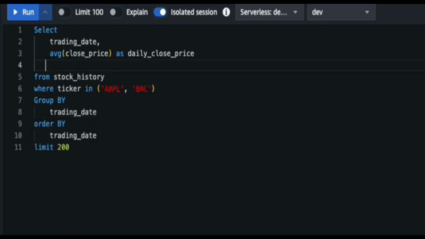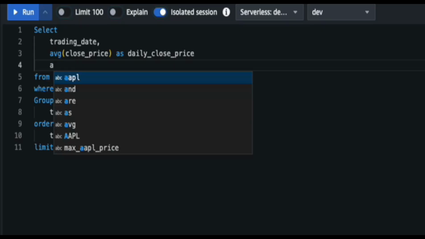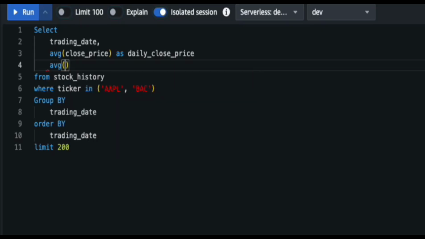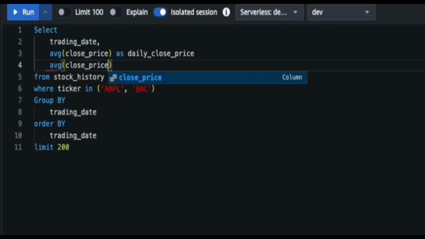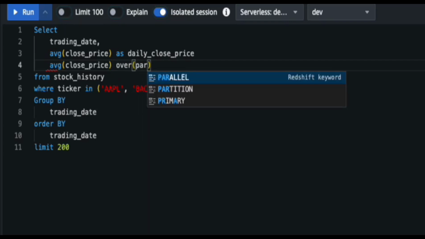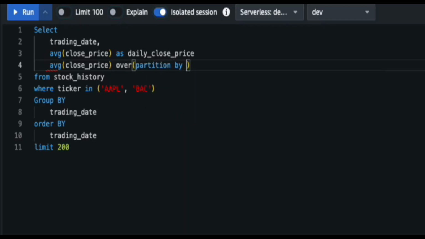Now I'm going to show you the window function. You can say average close price over, and I'm setting up the partition window. That means, where am I aggregating? What's the window? So partition by.